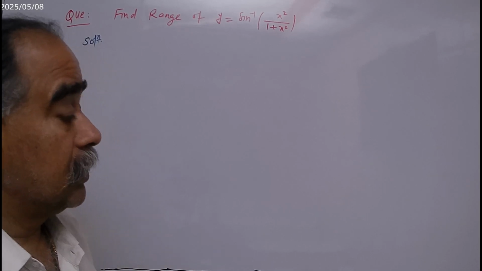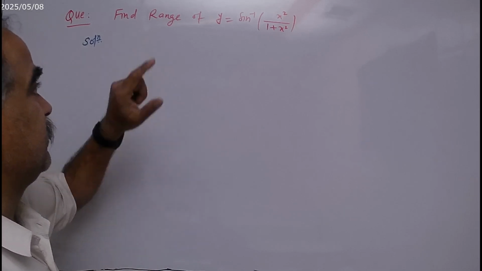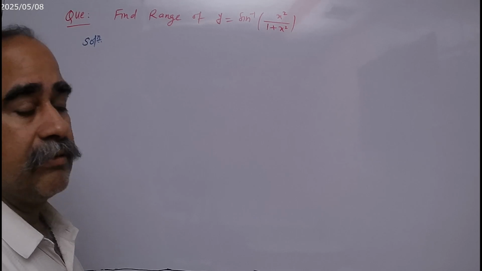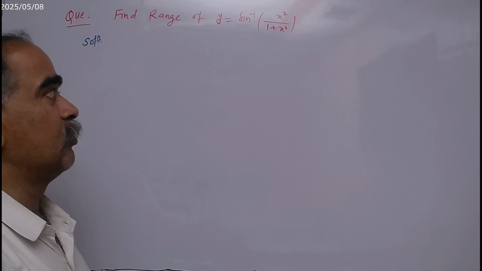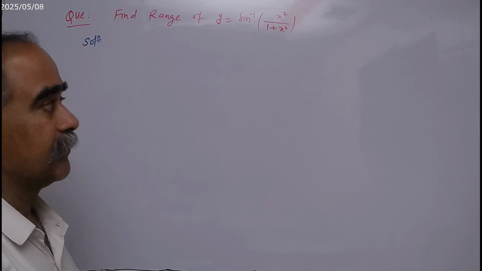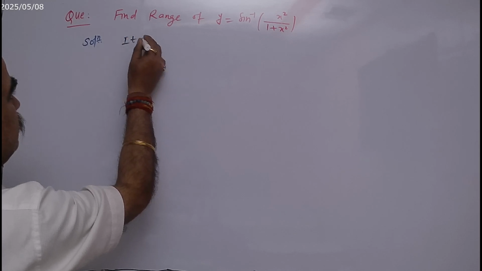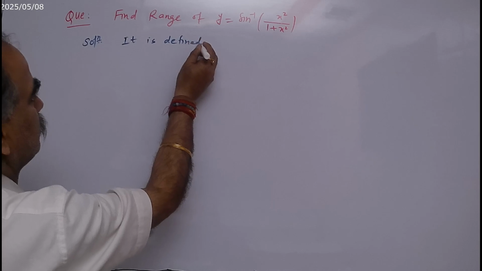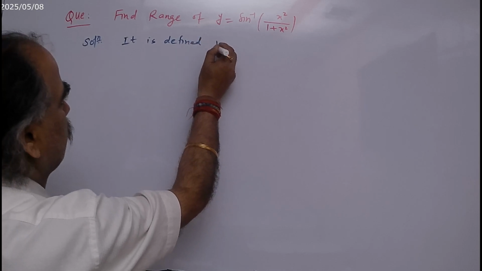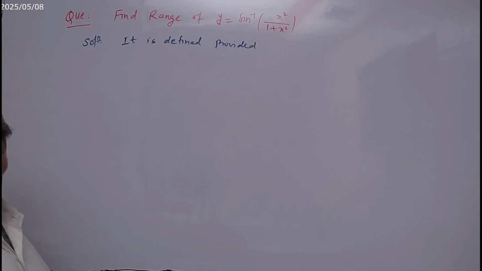So in that series only, next problem is what? Find range of y is equal to sine inverse of x square upon 1 plus x square. It is defined provided... sine inverse का domain क्या होता है?